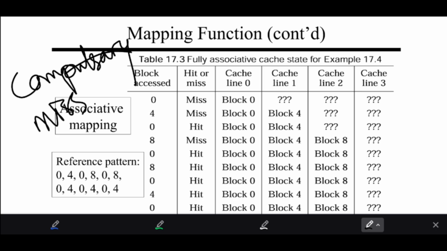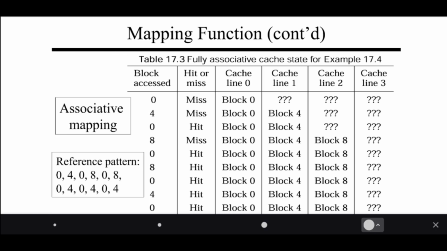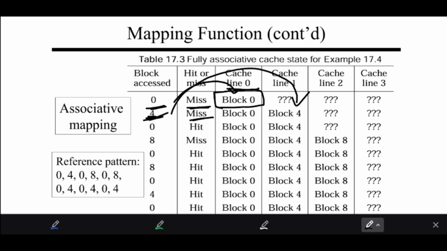When we request block 0, there is a miss because there is no data inside the cache. Then block 0 is randomly assigned to cache line 0. Then our CPU requests block 4, and it is a miss, so block 4 is stored inside cache line 1.